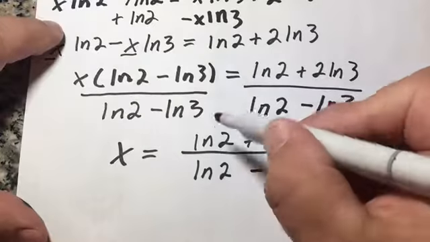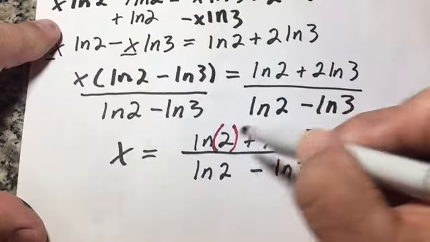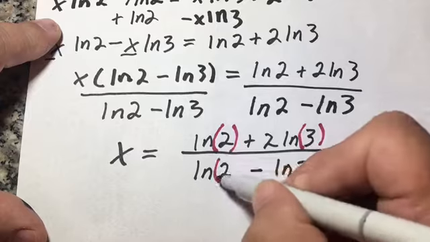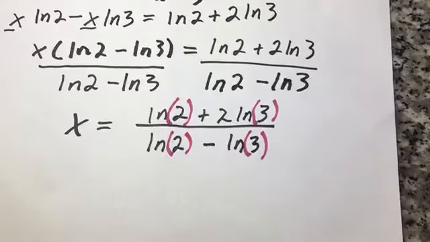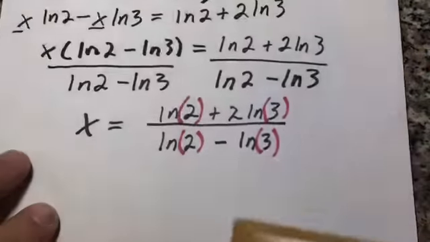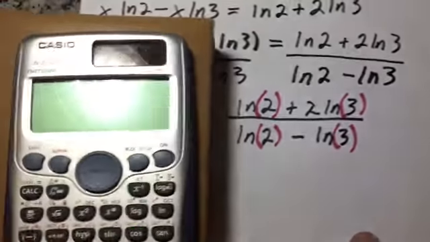In order to get the decimal equivalent for this, you have to wrap those numbers in parentheses when you use the calculator. I'm going to type this in.